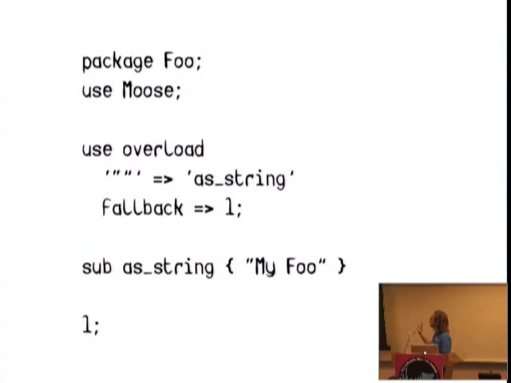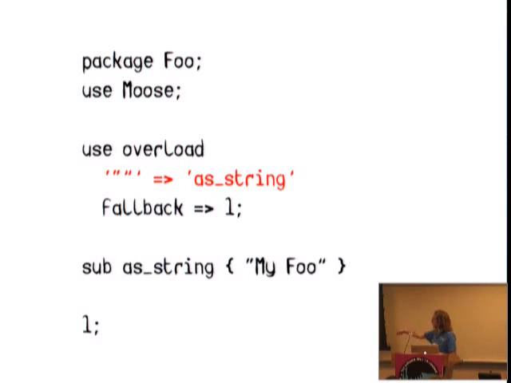Very quickly, there's this use overload module, which is a pragma, really. And I've got some stringification routine here. I want these to stringify to my foo, but assume I can calculate that there. I am saying that when I use this as a string, don't print out the thing with the memory address.